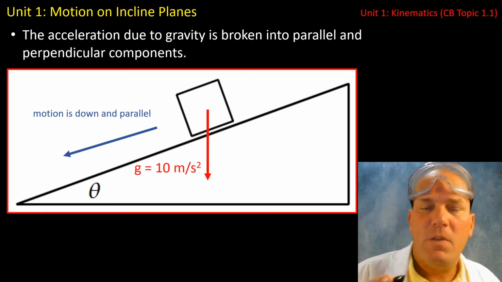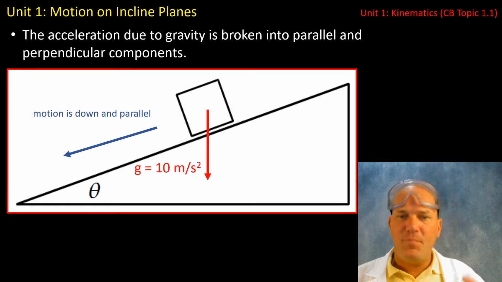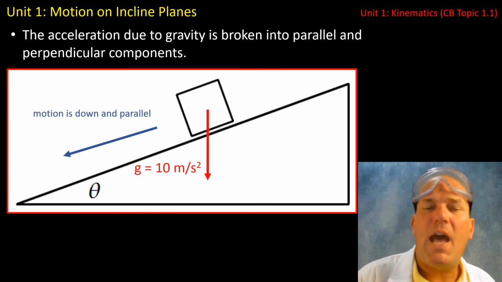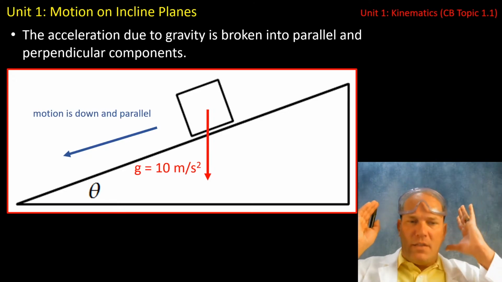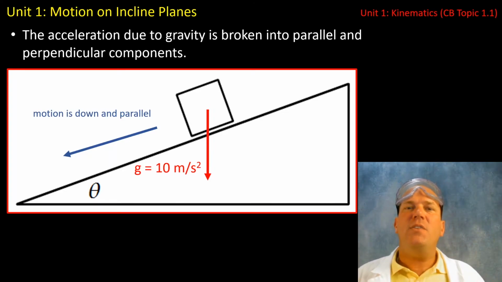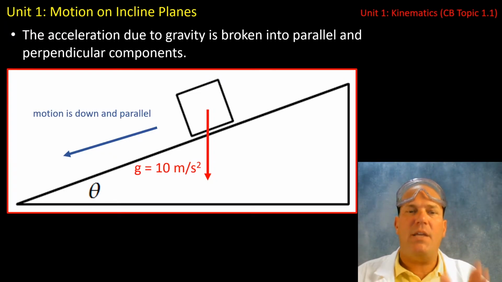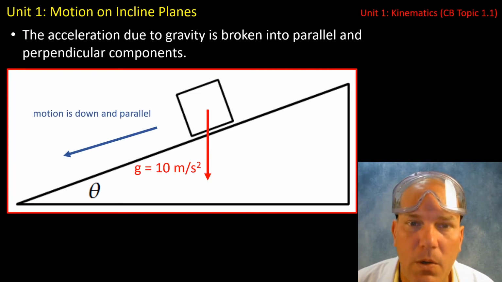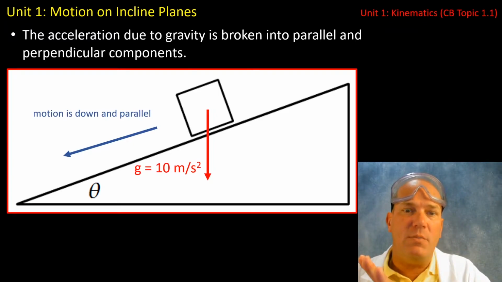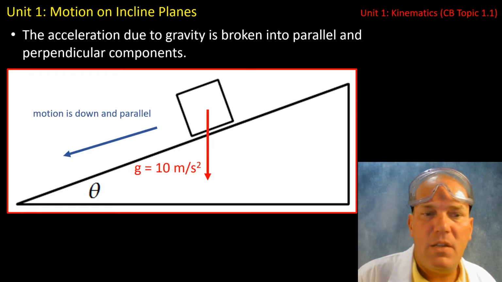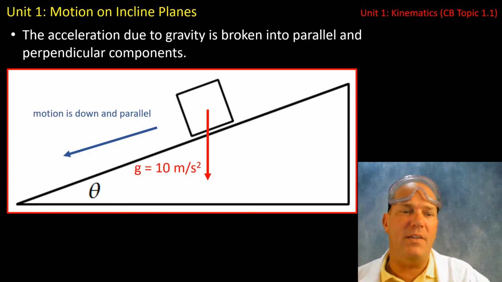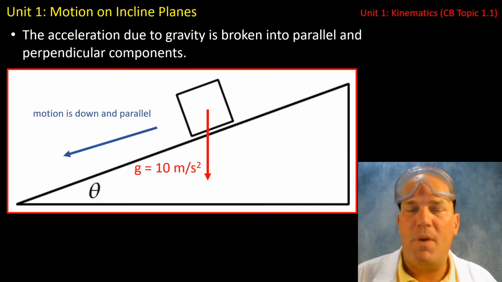If we were to do a free body diagram, we would see that little g, the magnitude of the acceleration due to gravity, or 10 meters per second squared, is straight down toward Earth. However, the object's motion is down and parallel to this incline, raised some theta above the horizontal.